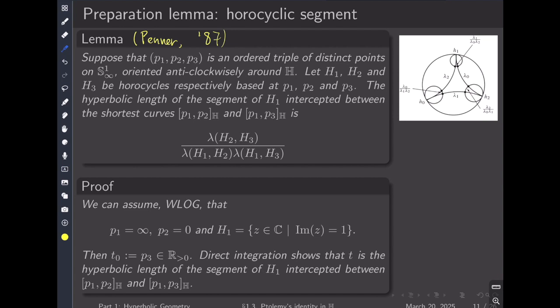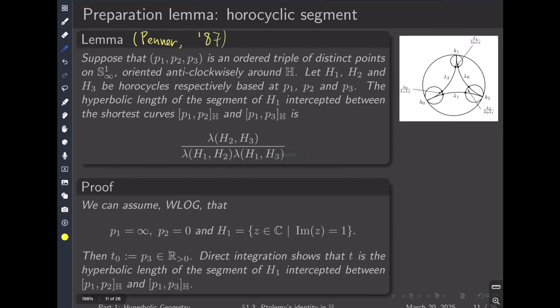Okay, good. I can assume this and I can assume this. And now the next thing is that the horocycle based at P1, which, since P1 is infinity, is a horizontal line, I claim I can also assume without loss of generality that this horizontal line is at height 1.